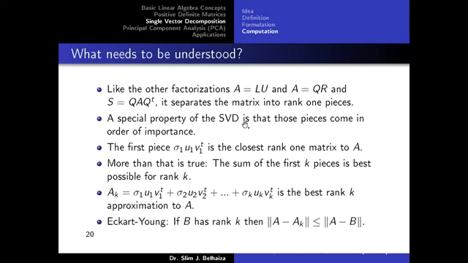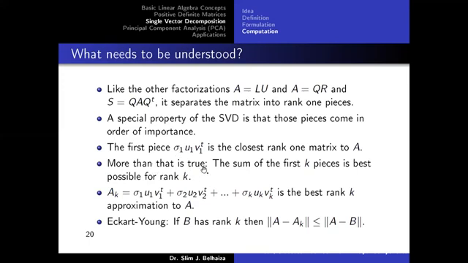A special property of the SVD is that those pieces come in order of importance, which means that the first piece, and this is the most beautiful thing, sigma 1 u1 v1T, is the closest rank 1 matrix to A, which means you can probably summarize 70 to 80% of the information contained in A in just one rank 1 matrix, which means the product of just one column by one row, and just a scalar in front, a real number in front, which is positive.